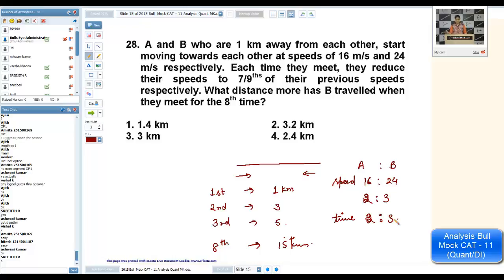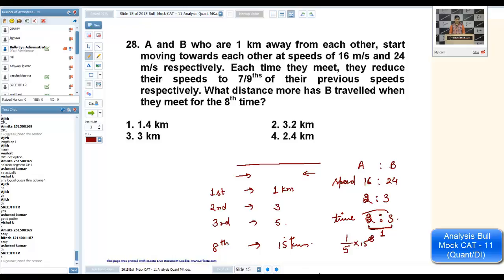Now what is the question? What distance more has been traveled when they meet for the 8th time? So if we have the ratio, what is the difference here? 1. So it should be 1/5 into 15. That is the answer in this case, 3 kilometers. You can simply apply a ratio here. Obviously, we will not calculate till the 8th meeting point.